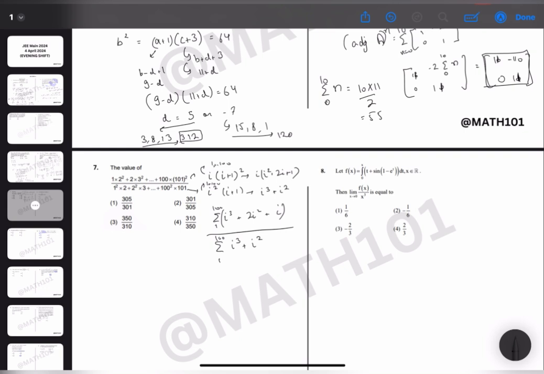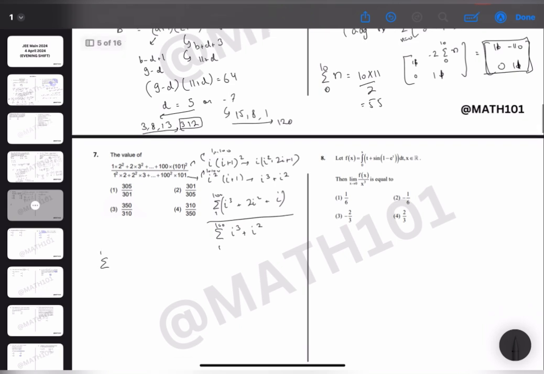So expanding, the numerator can be written as summation of 200 i cube plus 200 square of i, and the denominator can be written as summation up to 100 of i cube plus 200 i square.